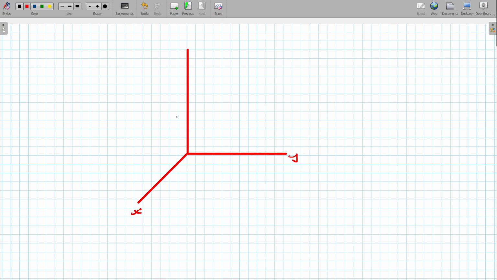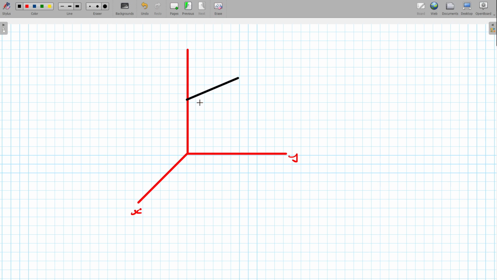And then we have the reference frame that is moving. I'm going to draw it in black, like so.